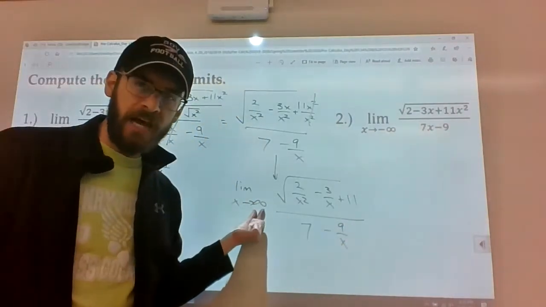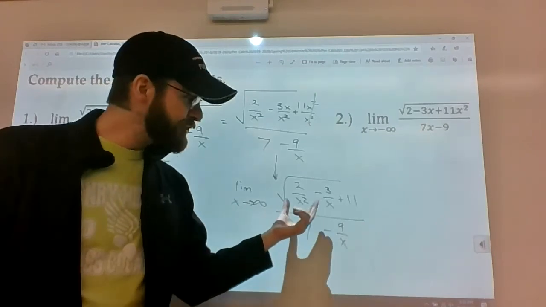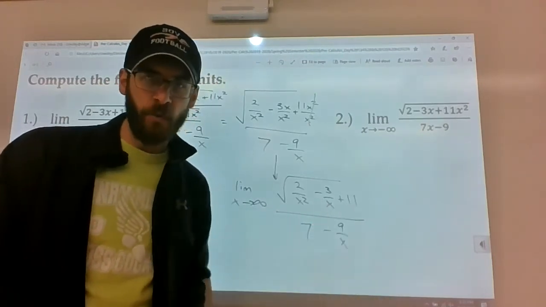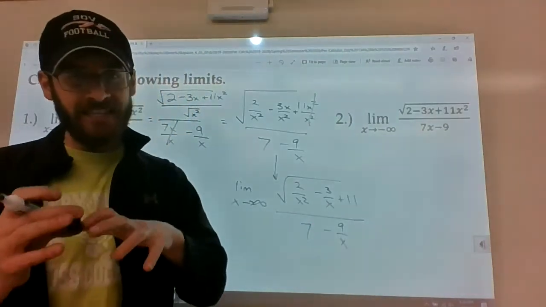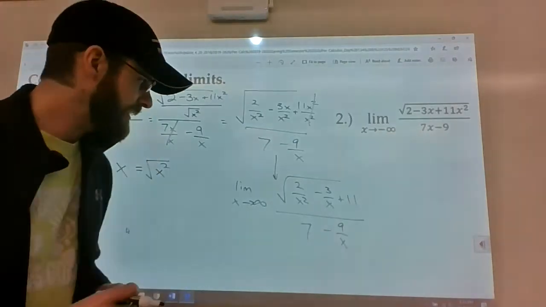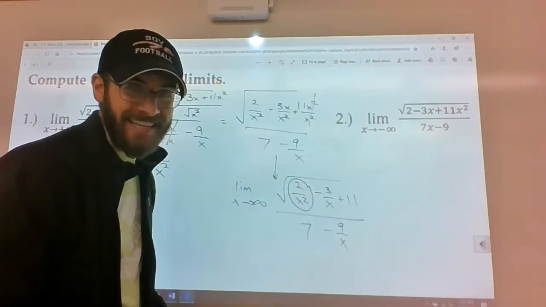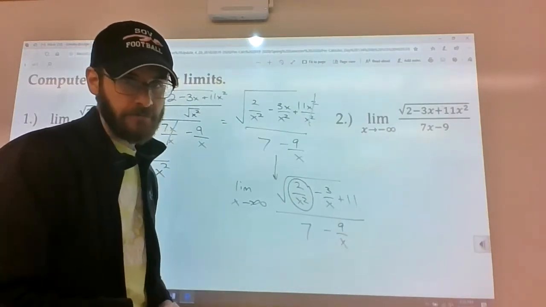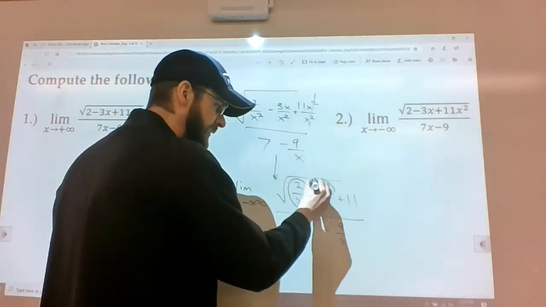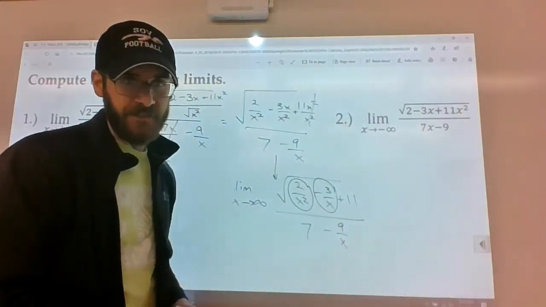You can still apply the limit as x approaches infinity to the parts inside the square root. It's almost like you're plugging it in. So this part right here, that zeroes out. This part right here, that zeroes out.